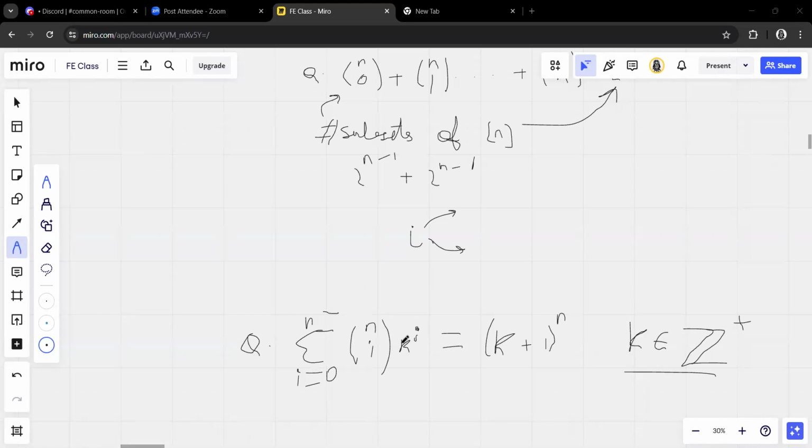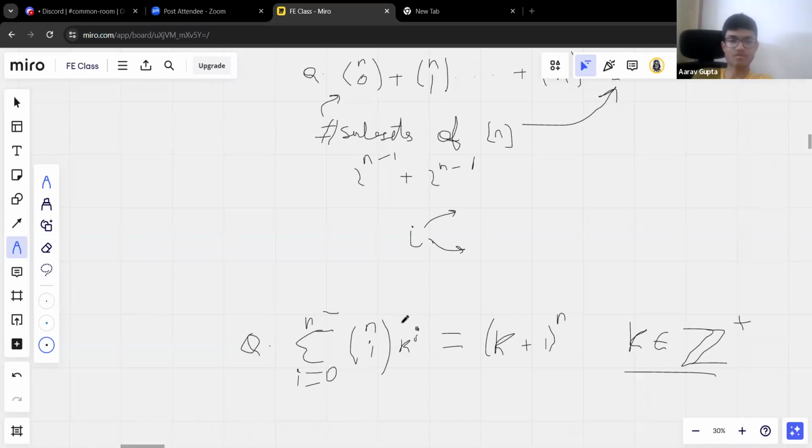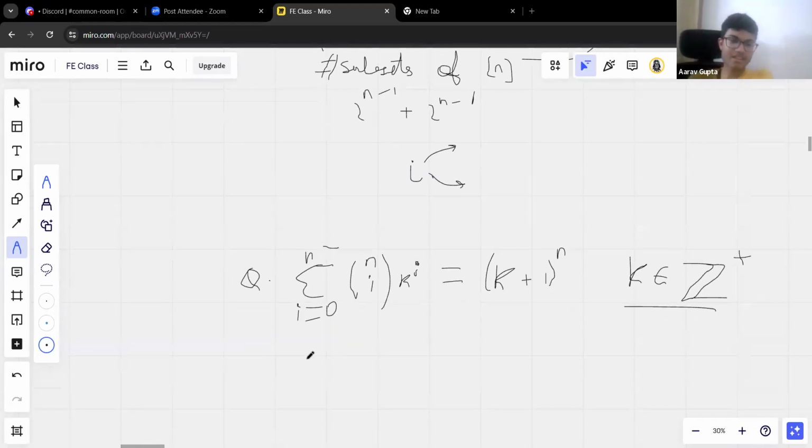If you understand what I'm saying. I think that probably works, because then you will have the coefficient of the k power of j.